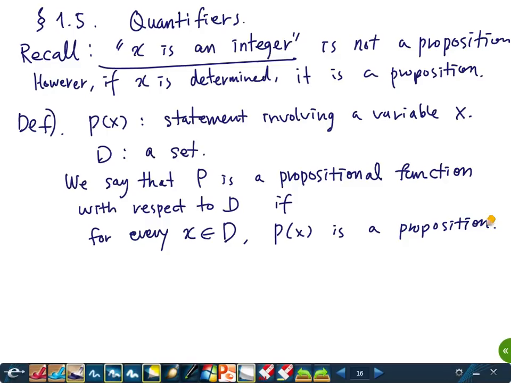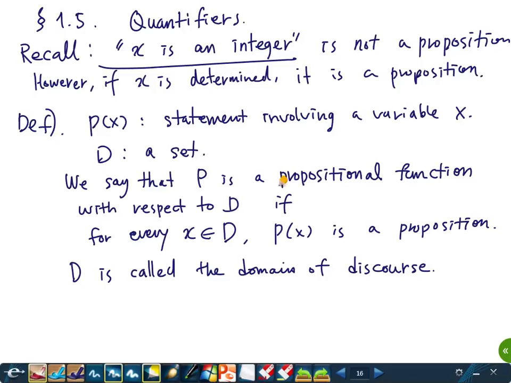Right? So it's like this. But we have to decide this D. And D is called the domain of discourse. Domain of discourse. So that is the definition of propositional function.